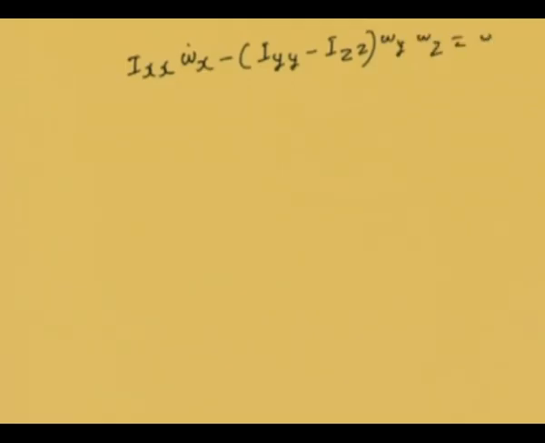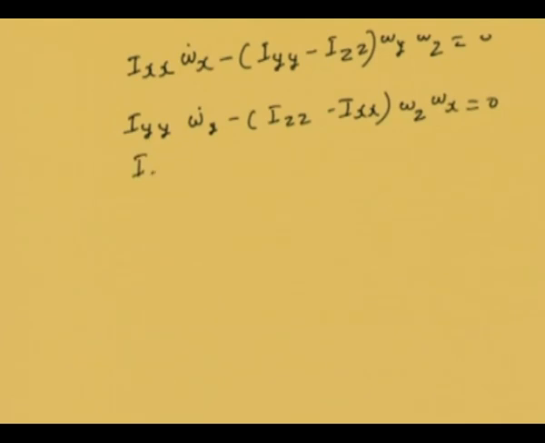First equation you will get. Second will be Iyy omega dot y minus (Izz minus Ixx) omega z omega x is equal to 0.